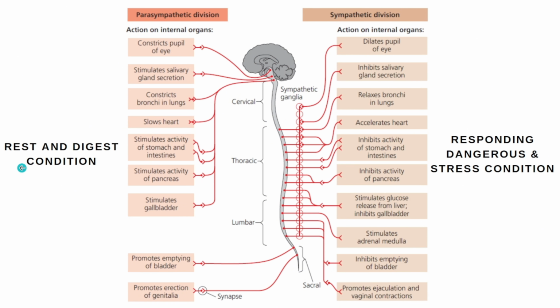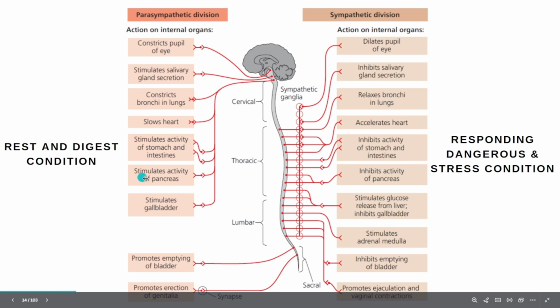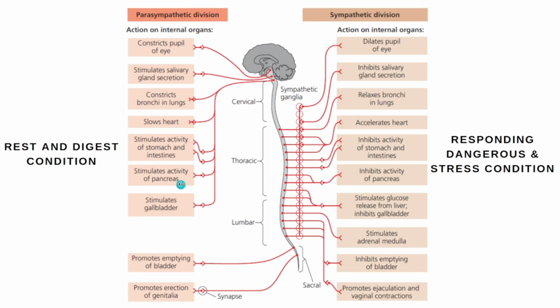Compared to relaxed condition. Similarly for the digest condition, it stimulates the activity of the pancreas, right? We know that the pancreas can secrete hormones, insulin, glucagon, all that, because it is involved in digestion. It is similar to the gallbladder. The gallbladder is also involved in nutrient digestion.